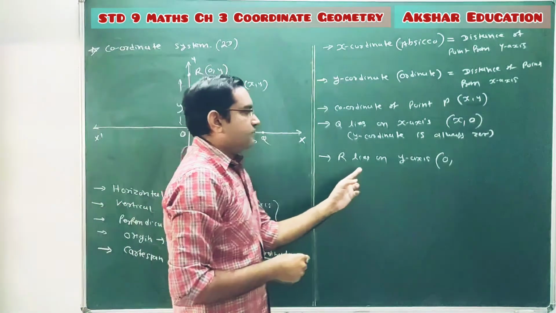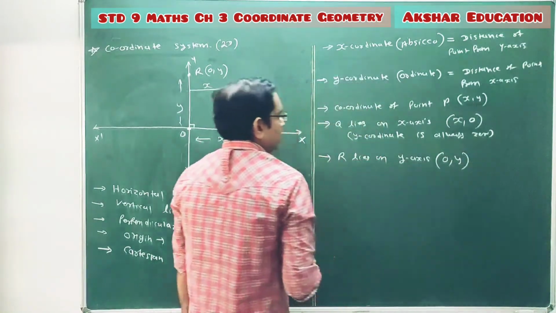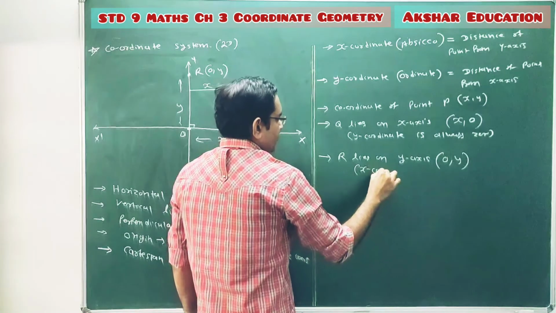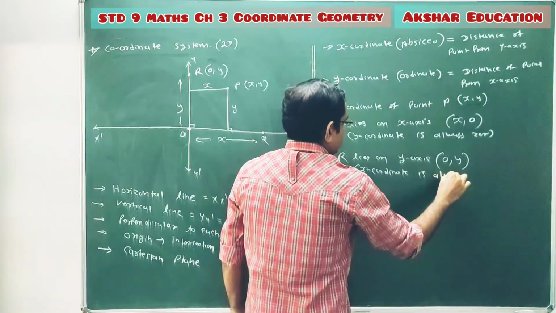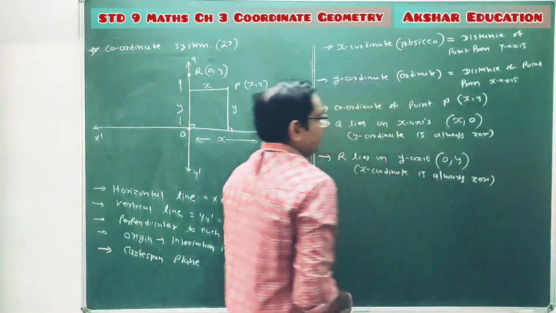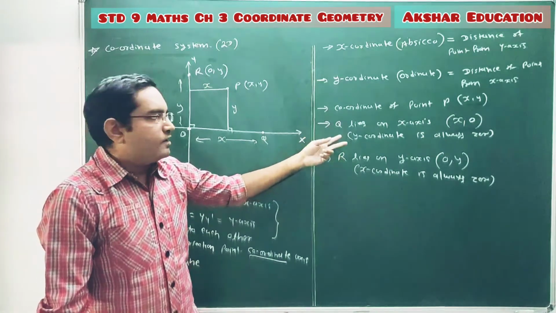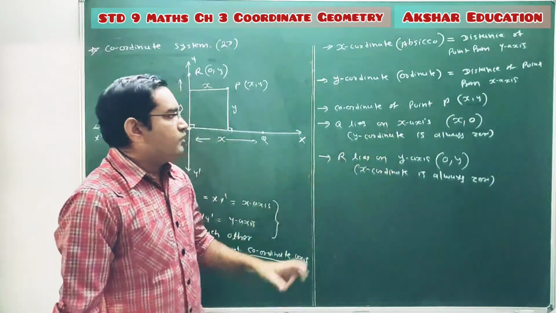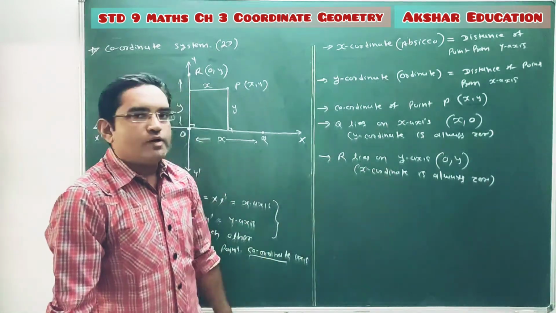So any point which lies on the y-axis, its x coordinate is always 0. Clear? So you have to remember these 2 points. Any point which lies on the x-axis, its y coordinate is always 0. Any point which lies on the y-axis, its x coordinate is always 0.